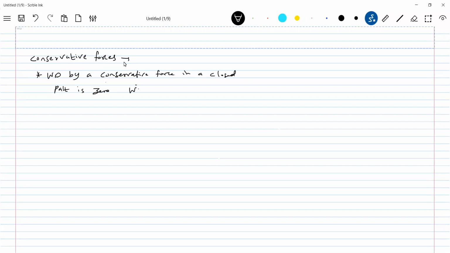So what do you mean by this? It will be W_C, you write it, integral of F_C bar dot dl. Dot product here.